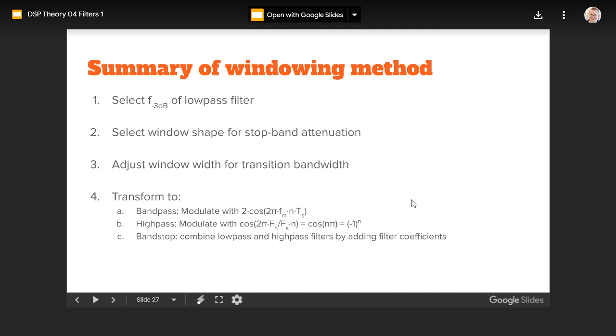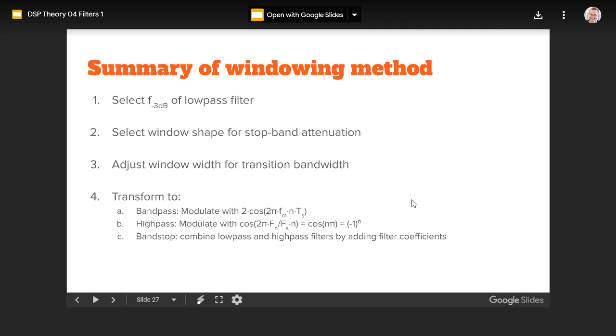Okay, band stop filter: design a low pass and a high pass filter, and add the filter coefficients. So it's the same as adding the systems, or putting them in parallel. You have had this in some course already. If you have cascaded systems H1 and H2, then this is the same as H1 times H2.